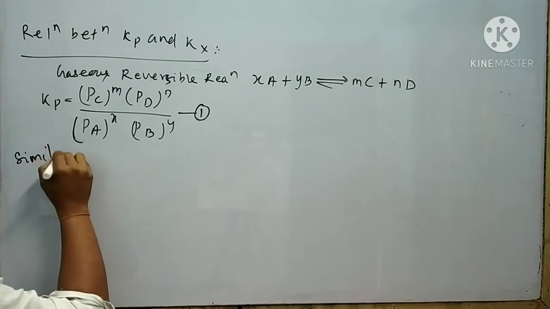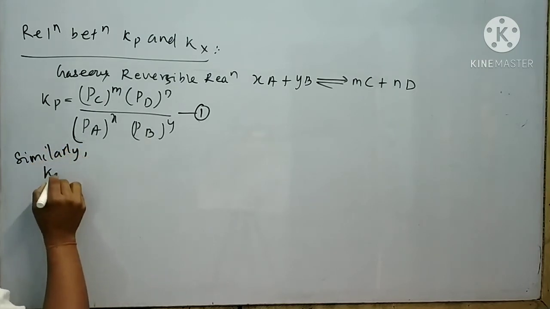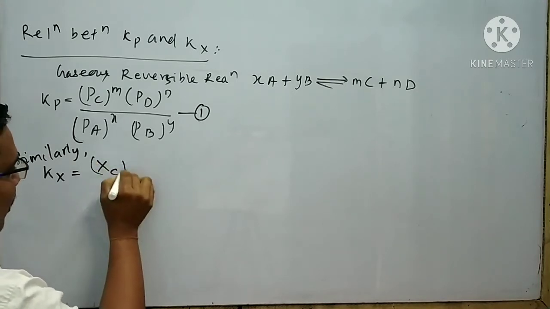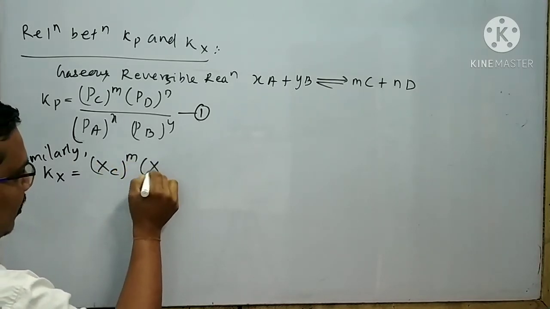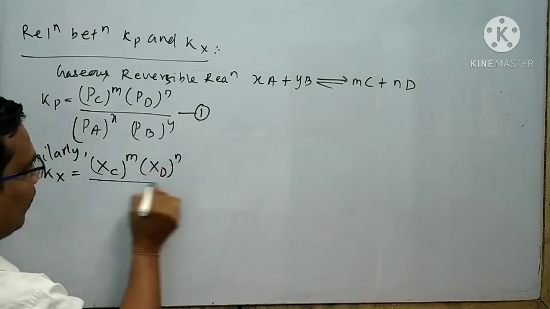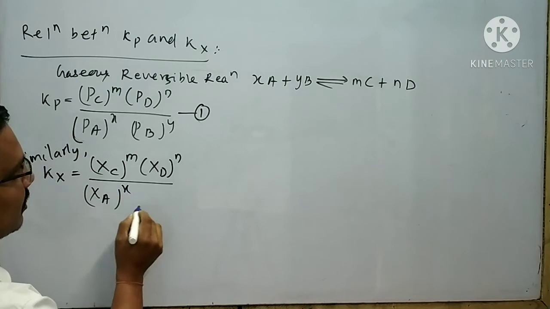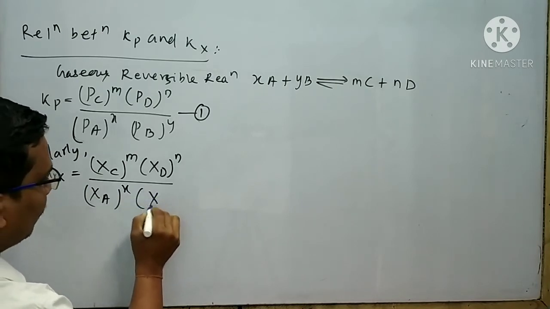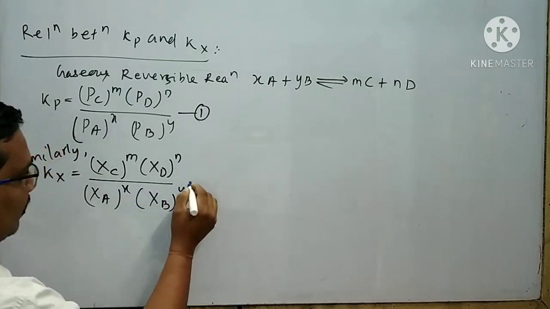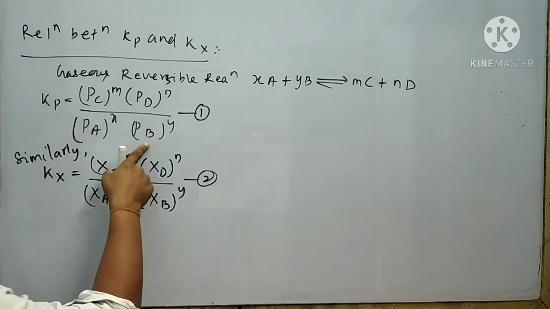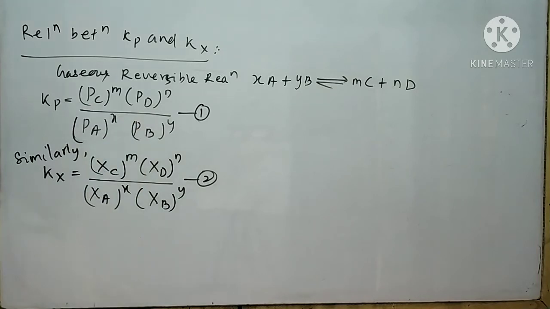Similarly, I can write Kx equal to mole fraction of C power M into mole fraction of D power N divided by mole fraction of A power X into mole fraction of B power Y. Suppose this is your equation 2. Remember your Pa, Pb, Pc and Pd are the partial pressures of A, B, C and D respectively.